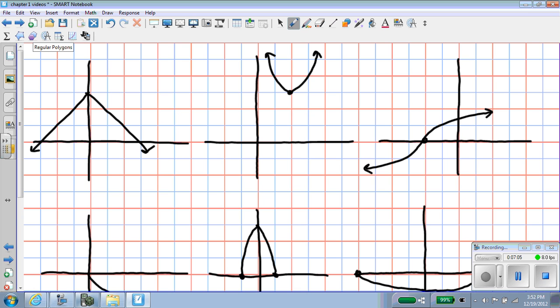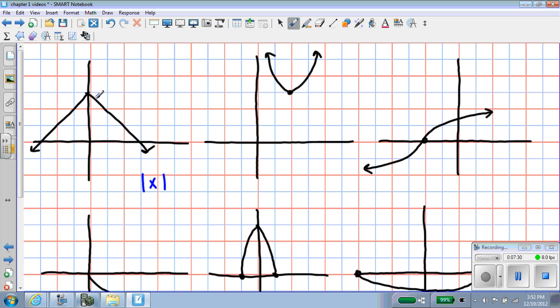Okay, so one of the things that you're asked to do is to take the basic graphs and write the function that shows the transformation that happened. So I'm going to do some of these. You can always pause the video and try them yourself. This is absolute value of x.